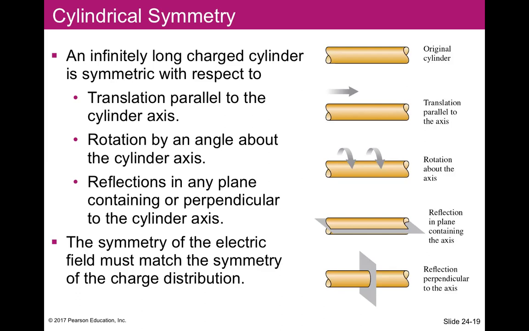You can imagine if you have a cylinder in your hand made of some uniform material and you rotate it about the center axis, the feature doesn't change at all. So this is the rotation symmetry.